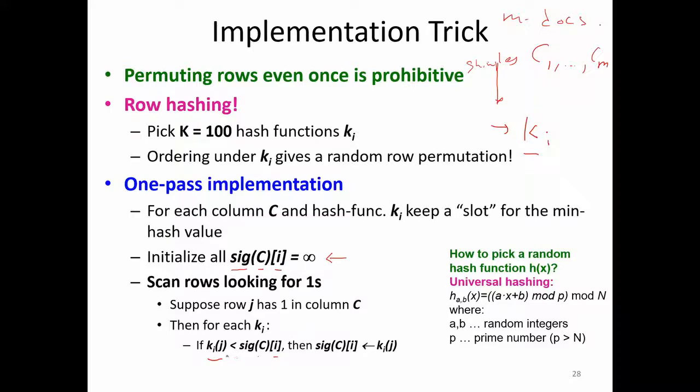If your k_i of j is less than the current stored signature of the ith row of column c, then you set sig of c comma i to k_i of j.